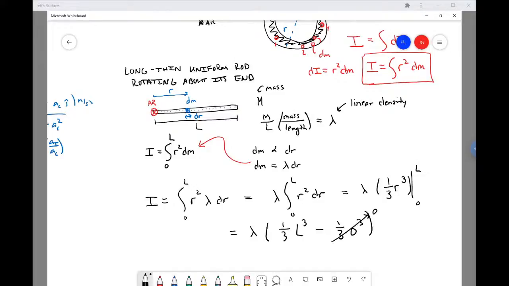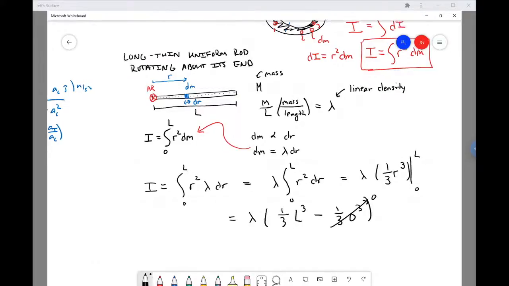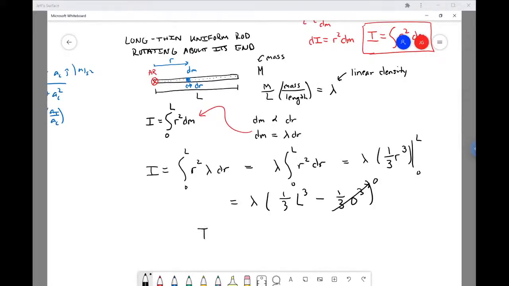And that's, of course, 0. So you get I equals 1/3 lambda L cubed. But lambda is m over L. So one of these L's cancels, and you're left with mL squared.